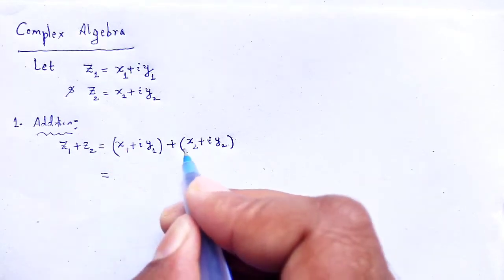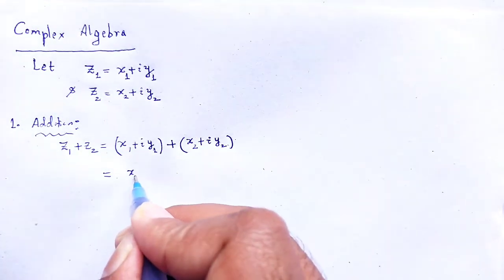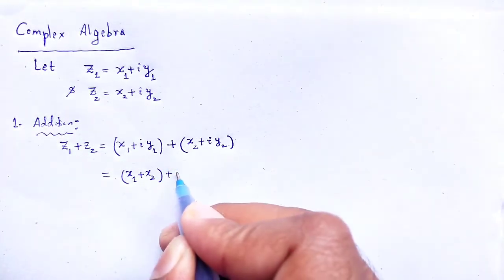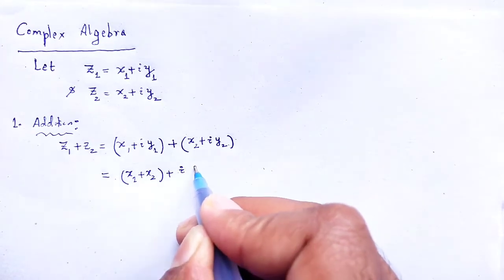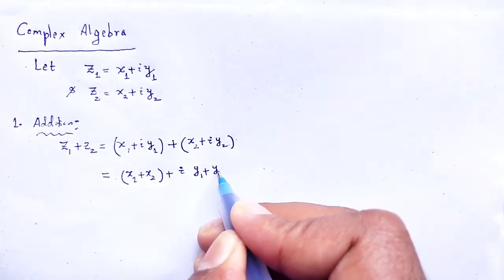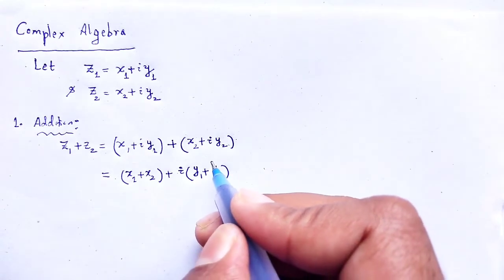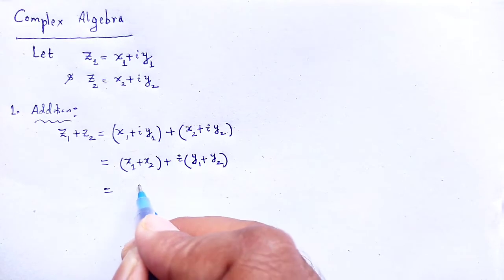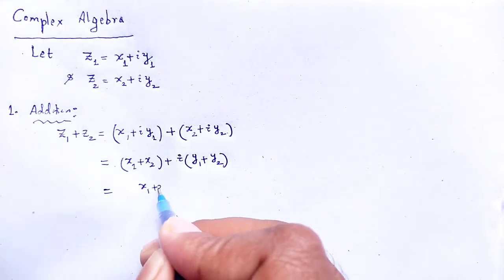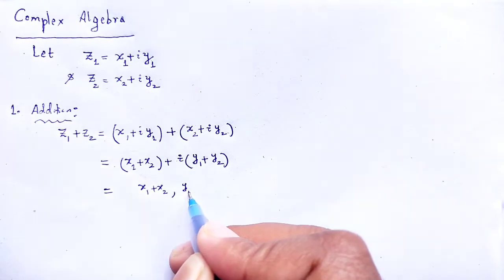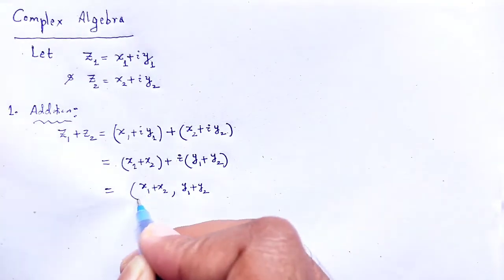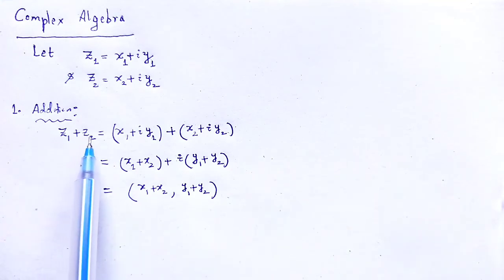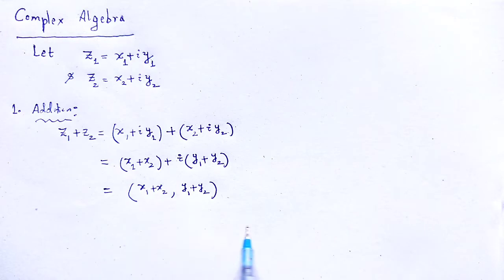So, the real parts x1 and x2 give x1 plus x2, plus the imaginary parts, i as common, y1 plus y2. So, that can be written as (x1 plus x2, y1 plus y2). That is another way to represent a complex number. So, addition of two complex numbers results in a complex number.